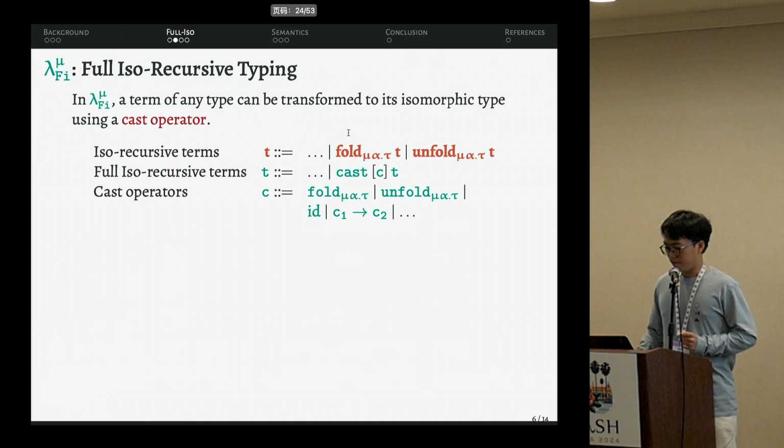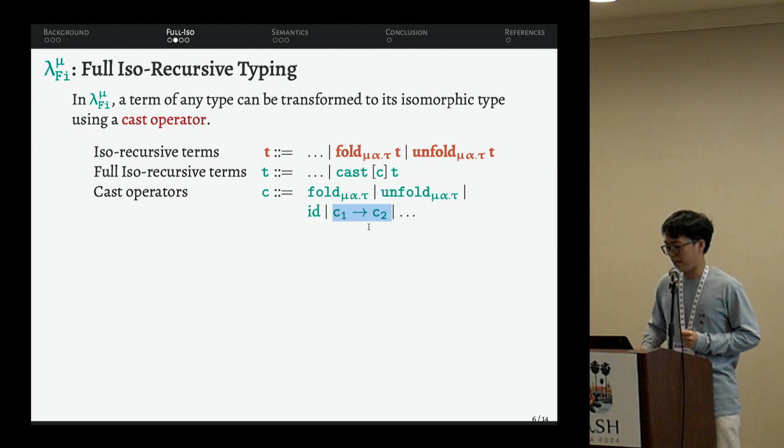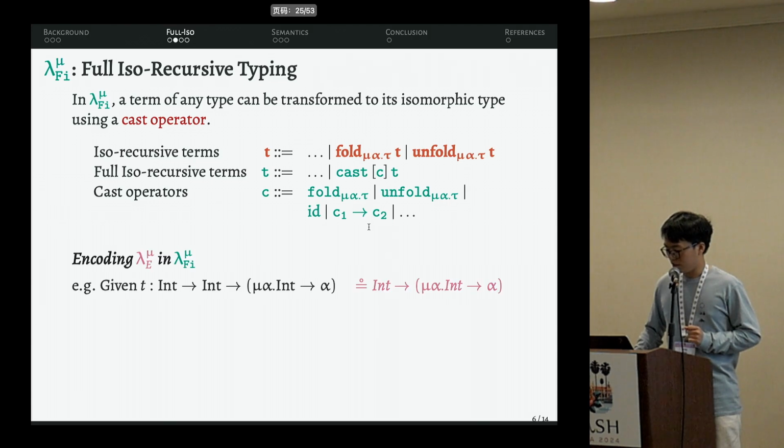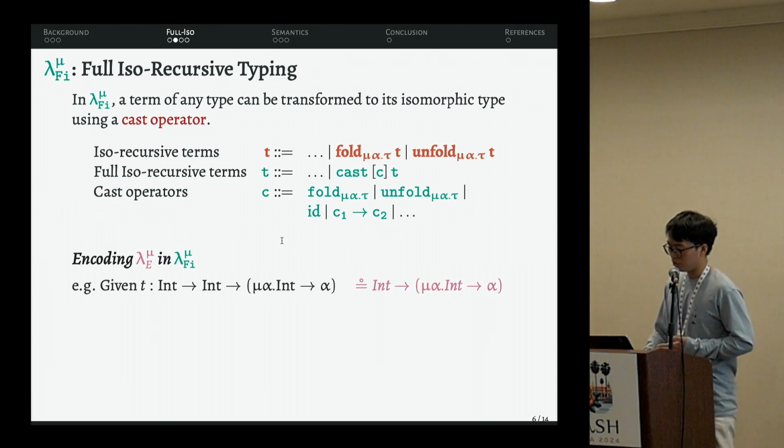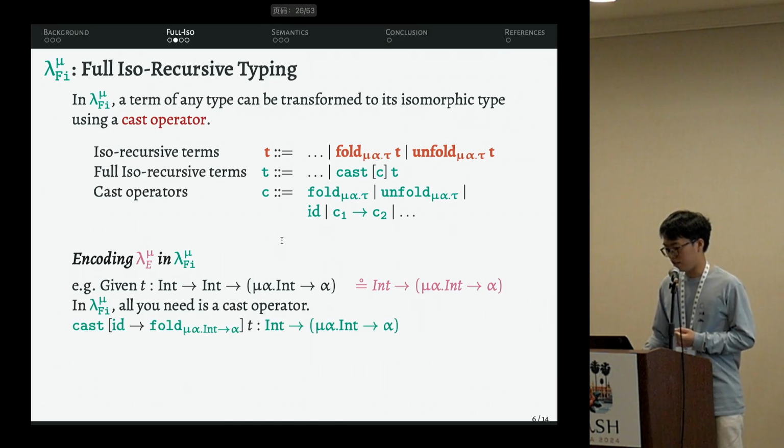Our solution is also simple. We generalize the fold and unfold operators in the iso type system to a cast operator that not only allows you to do folds and unfolds, but also more complex, deeper nested transformations. For example, you have this cast of functions that allows you to do deep transformation on a function type. With this, our previous encoding problem in the full iso type system needs only a cast operator.